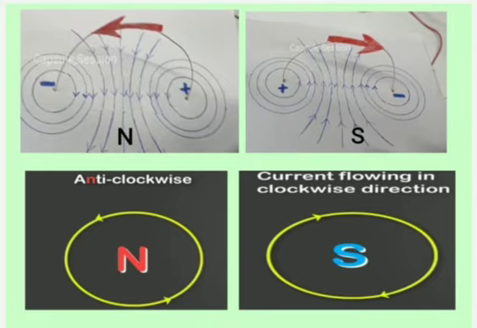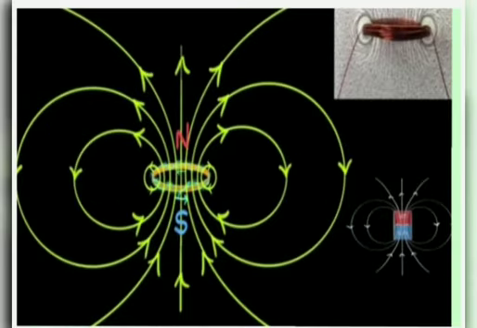So it is the south pole of our magnet. We know that in a bar magnet, the direction of magnetic field lines inside the magnet is south to north. You can observe this pattern in this figure. So we can say that a current carrying circular loop resembles a tiny bar magnet.